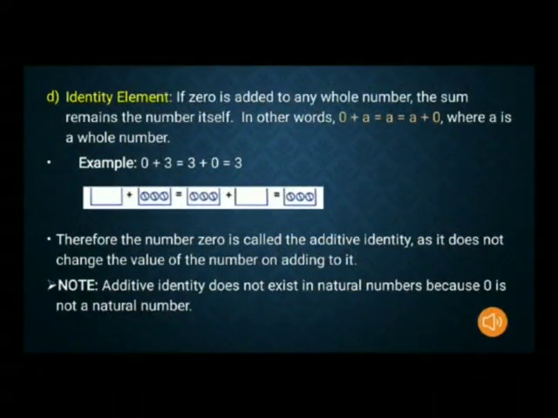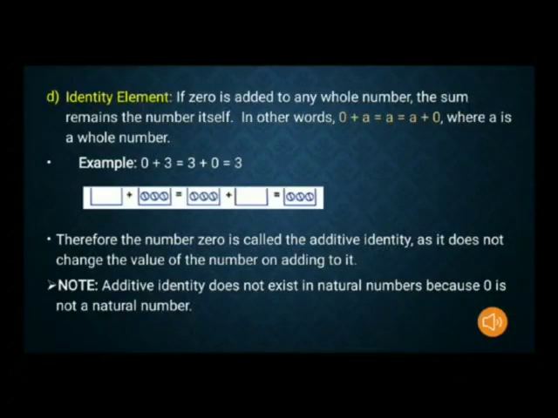Now let's discuss the next slide, identity element. If 0 is added to any whole number, the sum remains the number itself. Or you can say, if 0 is added to another whole number, the sum is the same whole number. In other words, 0 plus a equals a, or a plus 0 equals a, where a is a whole number.